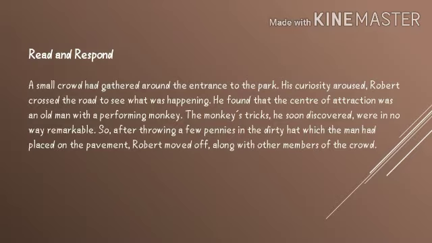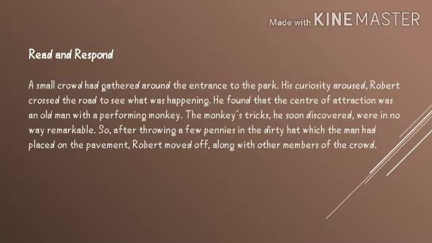Only towards the end will we find out that this old man was doing tricks with his monkey and bluffing people in order to get money or make a living. Robert realizes that on the second time, not on the first time. So we shall read this and see how Robert realizes that this old man was bluffing people in order to get money. Okay, so the story goes like this.